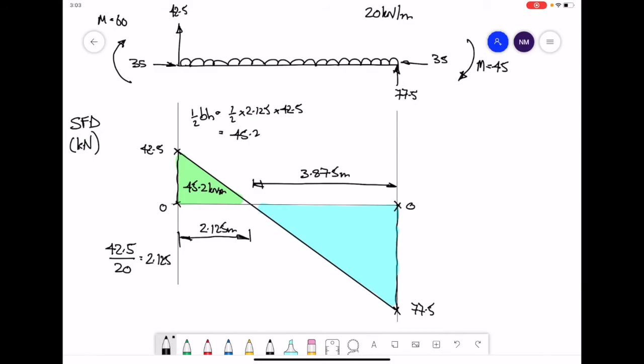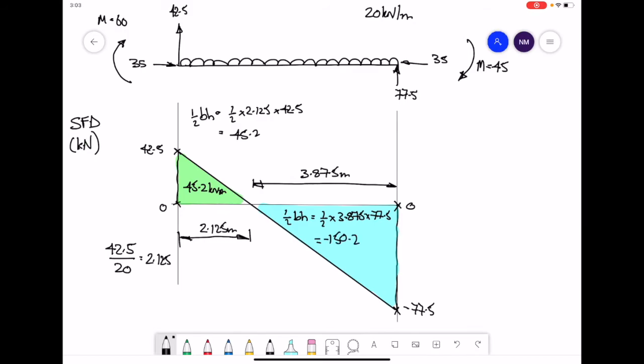The blue area beneath the axis is a half the base times the height. It's going to be a half times 3.875 times 77.5. That really should be negative beneath the axis. That area works out to be a value of 150.2.